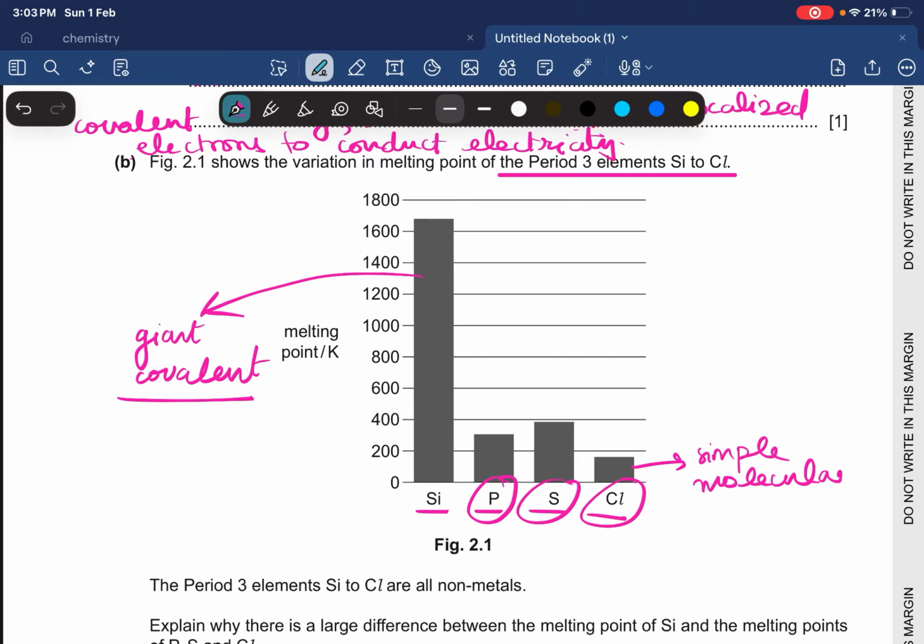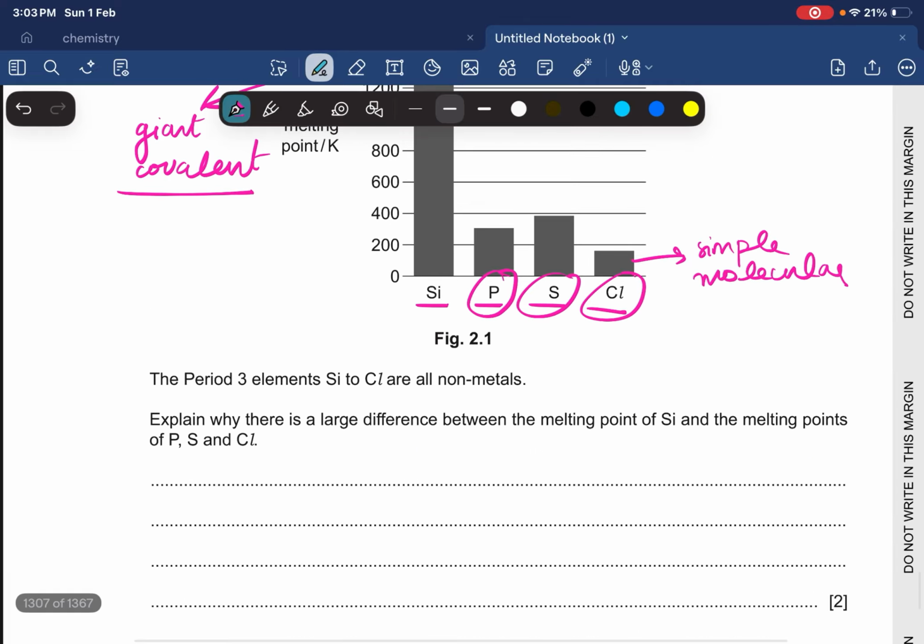Explain why there's a large difference between the melting point of silicon and the melting points of phosphorus, sulfur, and chlorine.